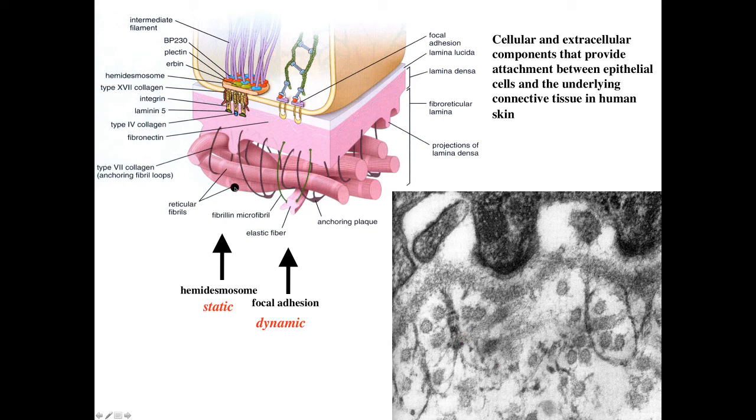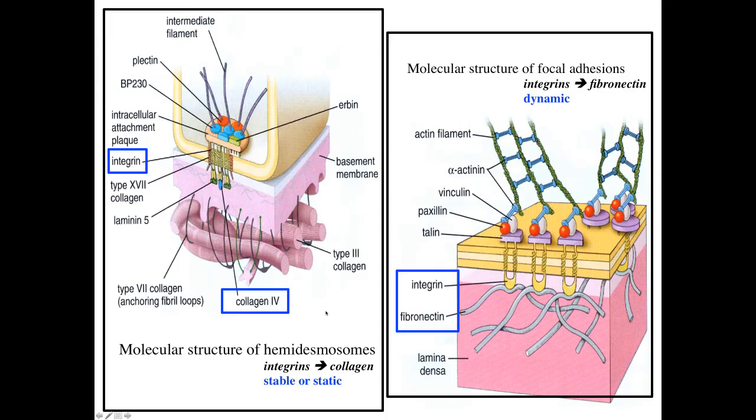The point I want to make is that hemidesmosomes, which would be structures shown here, form a very static and fixed attachment site because the hemidesmosomes interact with intermediate filament proteins. This is keratin. The focal adhesions are forming a more dynamic interaction. Here we're showing, once again, the hemidesmosome binding onto collagen, the integrin having a receptor for collagen.